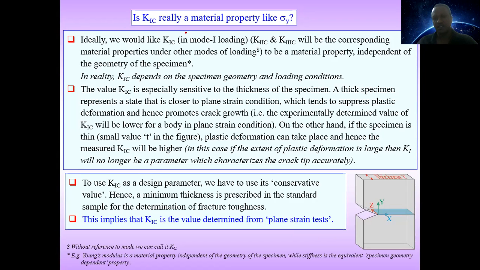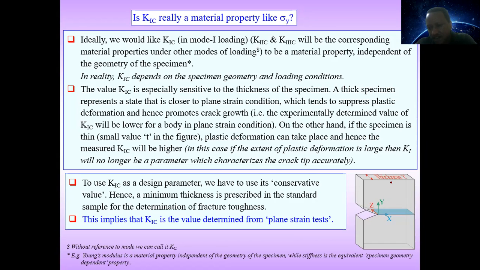On the other hand, if the specimen is thin, meaning the thickness is very small, plastic deformation can take place and hence the measured K1C will be higher. In this case, if the extent of plastic deformation is large, K1 will no longer be a parameter which characterizes the crack tip accurately.